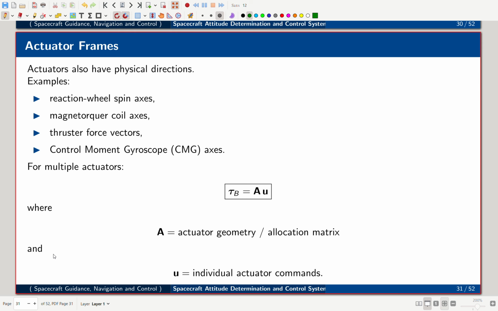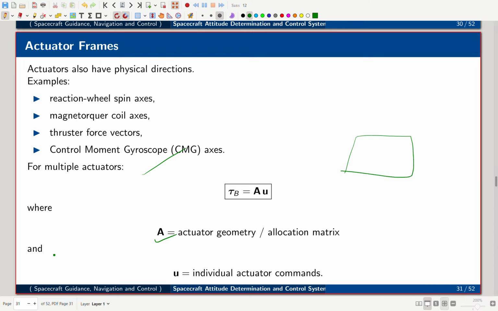Actuators also have physical directions, for example reaction wheel spin axis, magnetorquer coil axis, thruster force vectors, control moment gyroscope axis. So for multiple actuators, tau is equal to A times u.